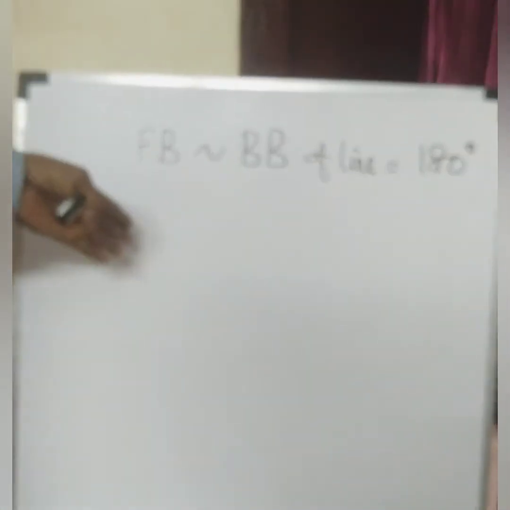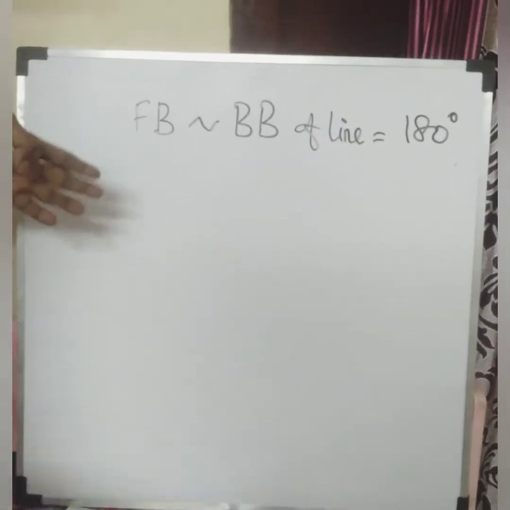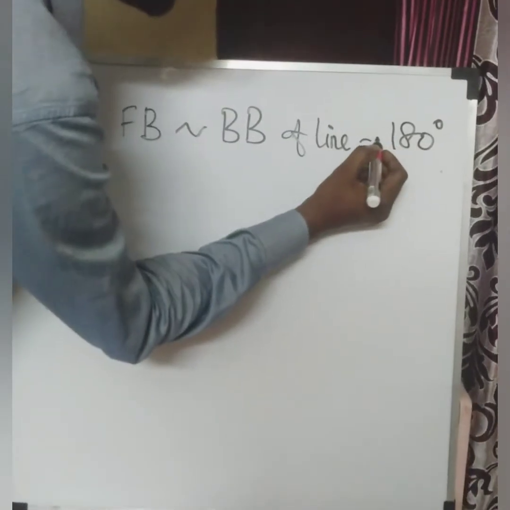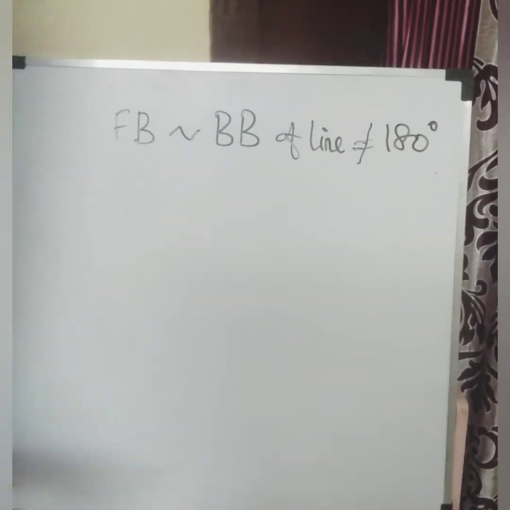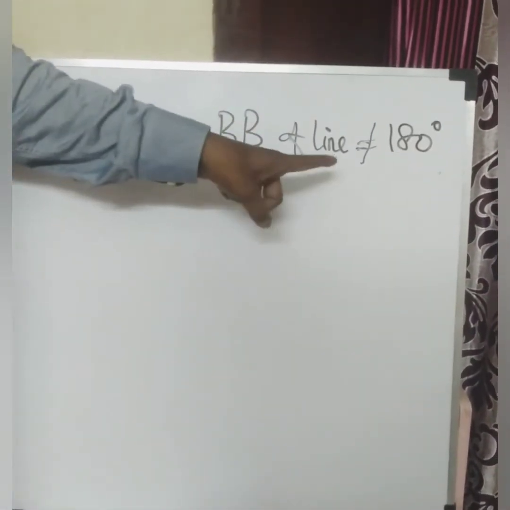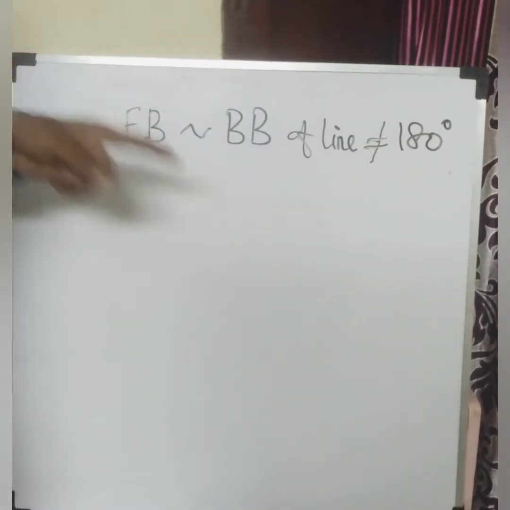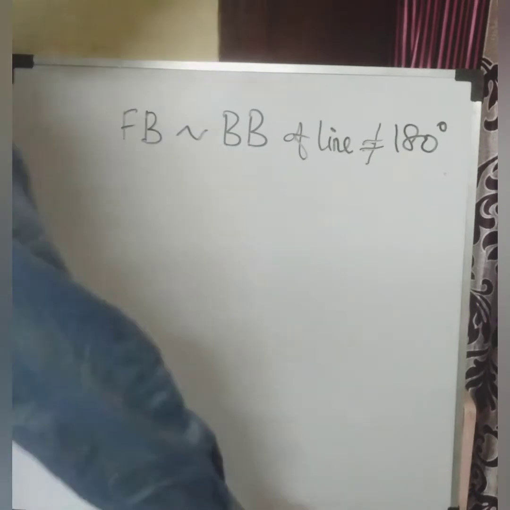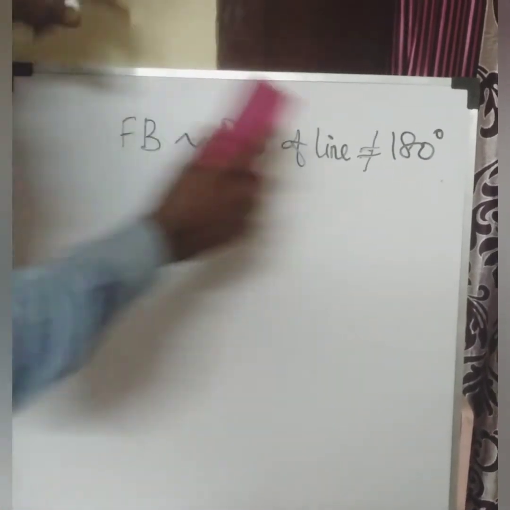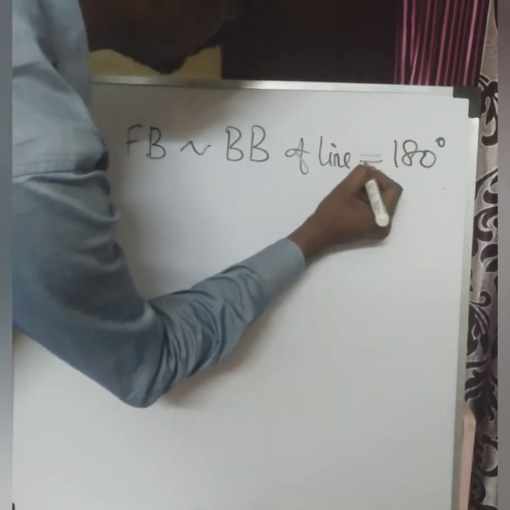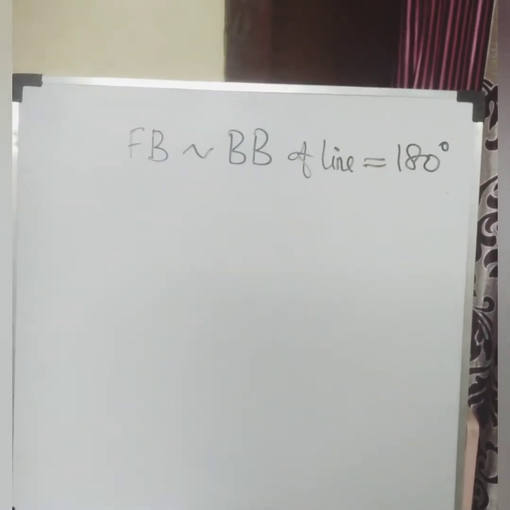That is the concept. If it is not 180 degree, the given observations are affected by local attraction. The condition is that the difference between forebearing and back bearing is equal to 180 degree.